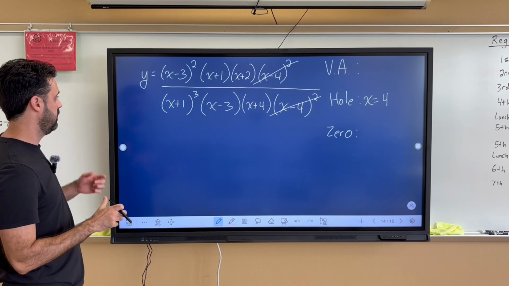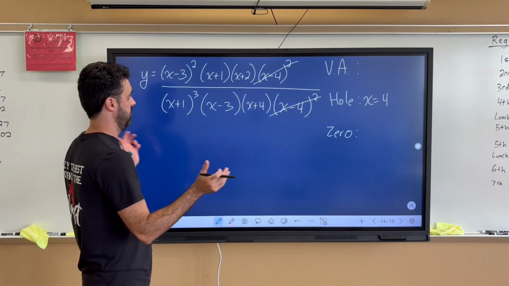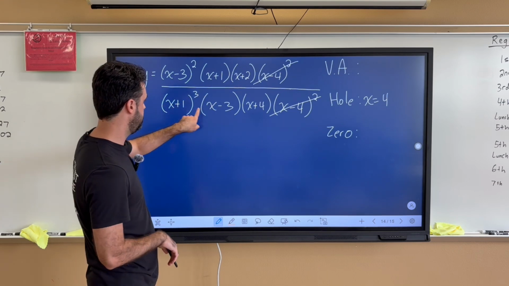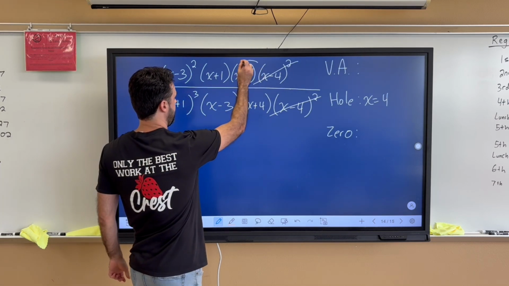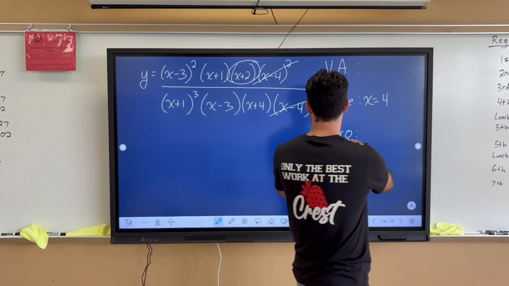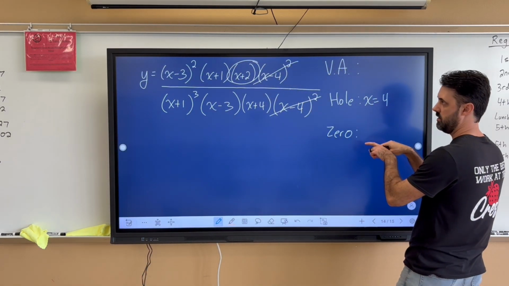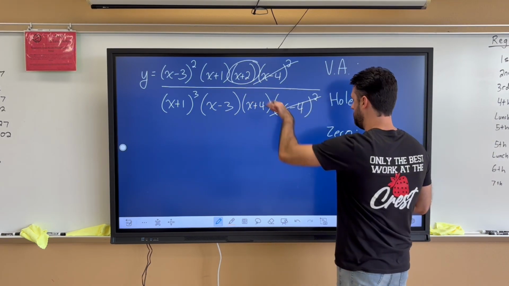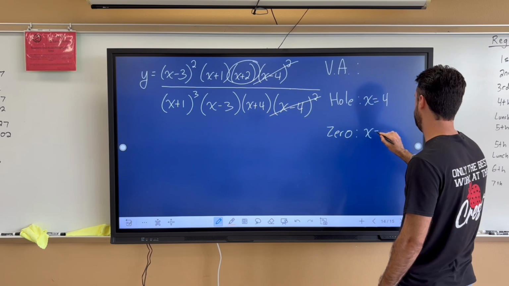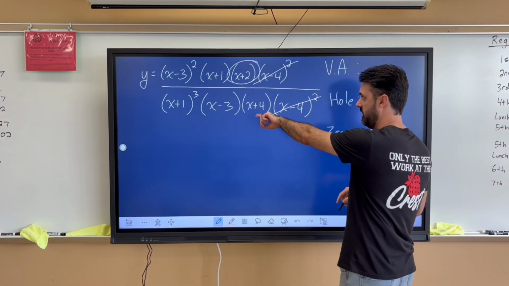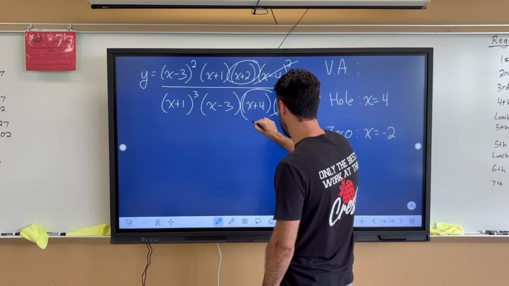Next, I'm going to look for what doesn't cancel at all. We've got an x plus 2 on the top. There's no x plus 2s down here. So if we set something in the numerator equal to 0, that gives us the x value of the 0. So we're going to set x plus 2 equal to 0. That's going to give us x equals -2. And then in the denominator, this x plus 4 does not cancel with anything.